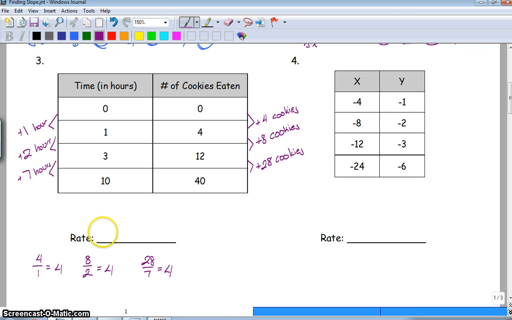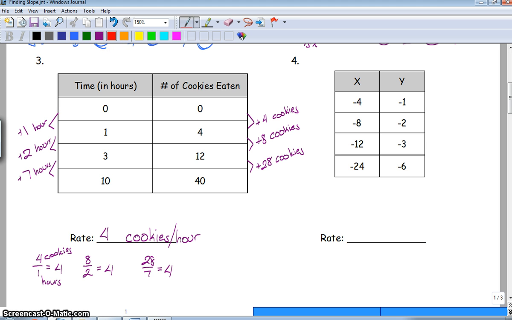So I know my rate is 4, and then I need to include units. So this is comparing cookies over hours, which means my unit rate is 4 cookies per hour.